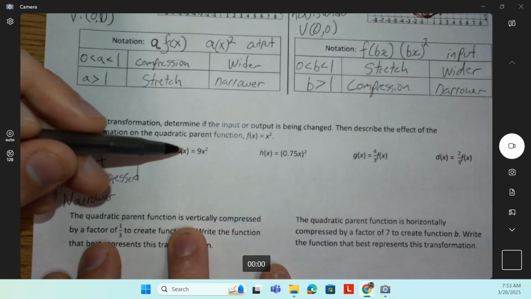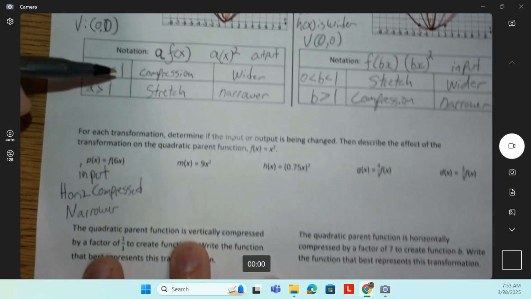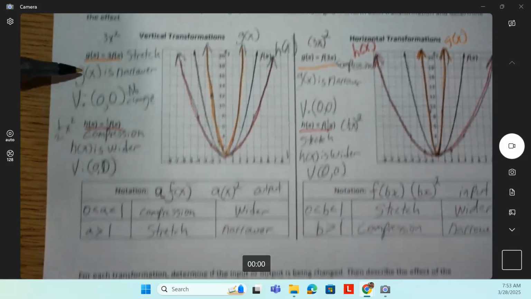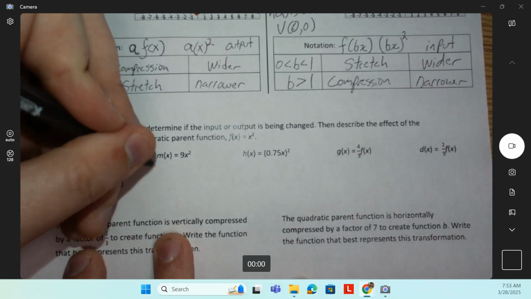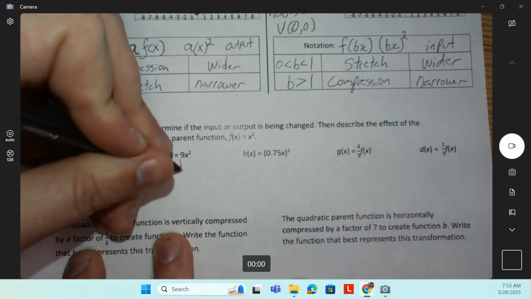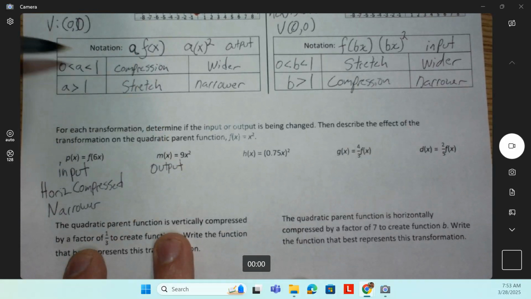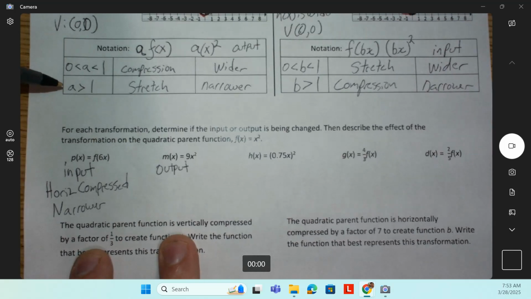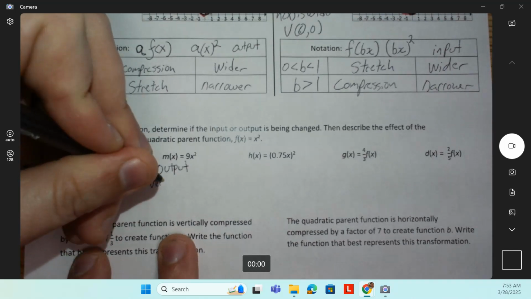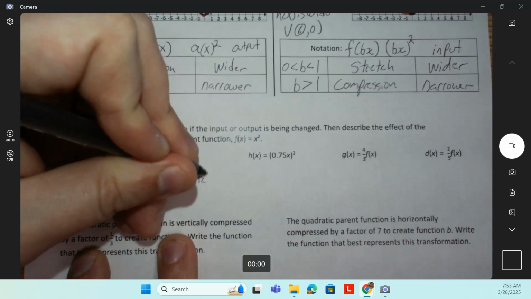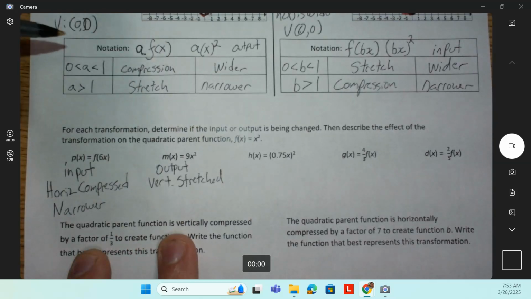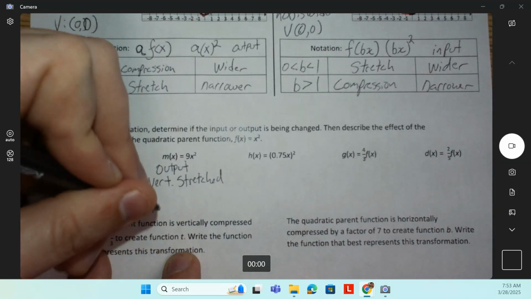Then on the other end, it would be outside the parentheses, just like my 3x squared here. So that's going to be the output, which is larger than 1. It's going to make it vertically stretched, which is going to also make it narrower.